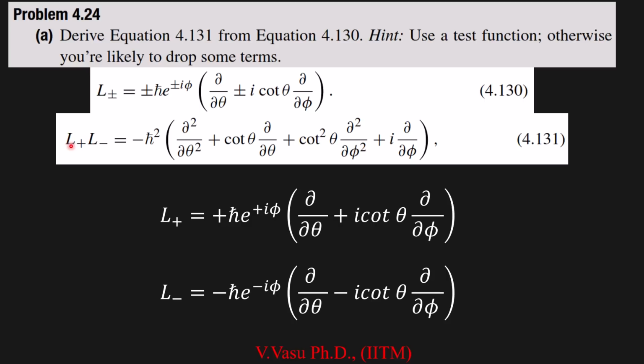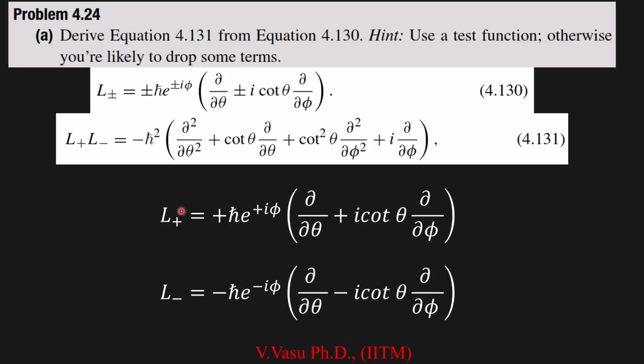That is, L plus L minus plus L minus L plus is equal to minus h cross squared, del 2 over del theta 2 plus cot theta del over del theta plus cot squared theta del 2 over del phi 2 plus i del over del phi.